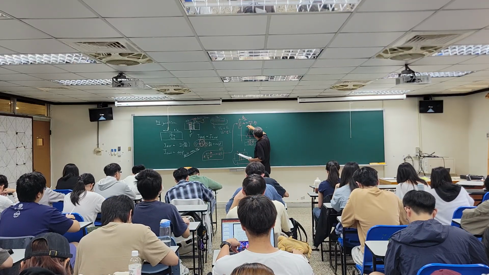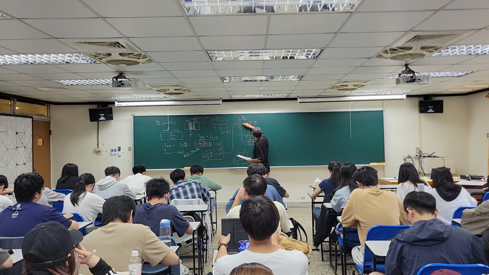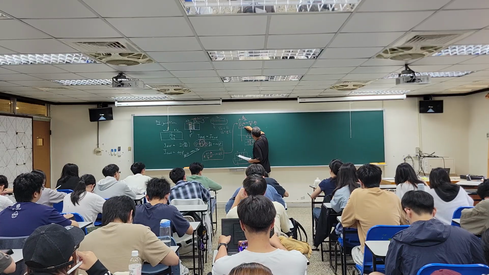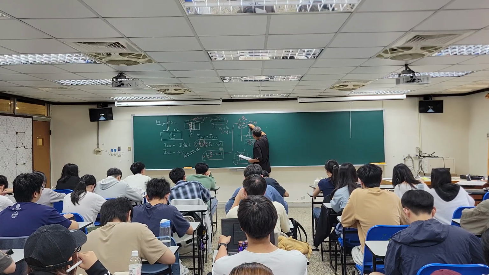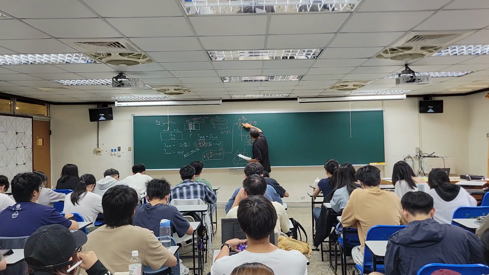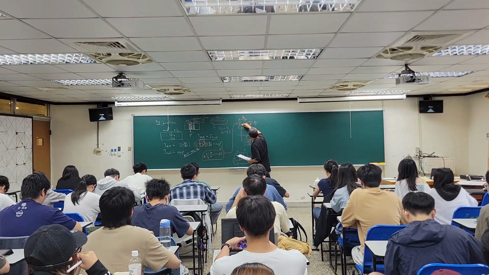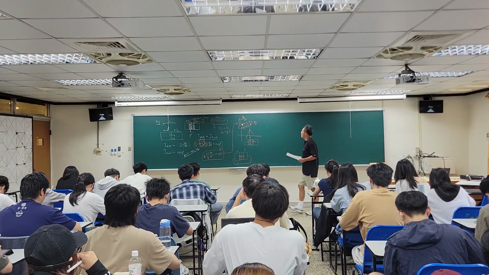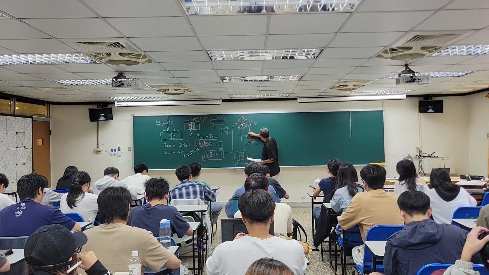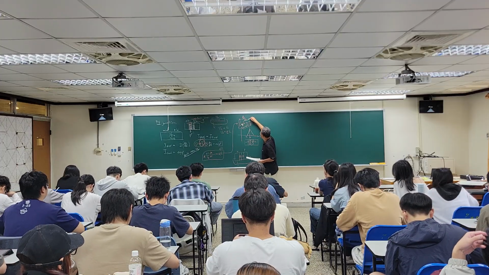Okay, so for this point, I'd like to specify this electric field is the average electrical field. The average means if I assume this is a linear relationship, so the average electric field is what?